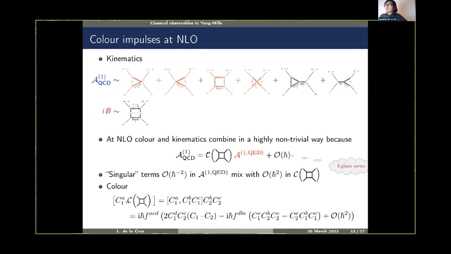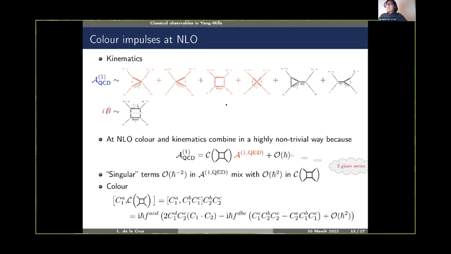In doing so, I obtain an expression in which everything depends on a color structure, multiplied by a kinematic part that depends only on these four diagrams, which are the same diagrams that I need for the computation of the classical limit in QED.